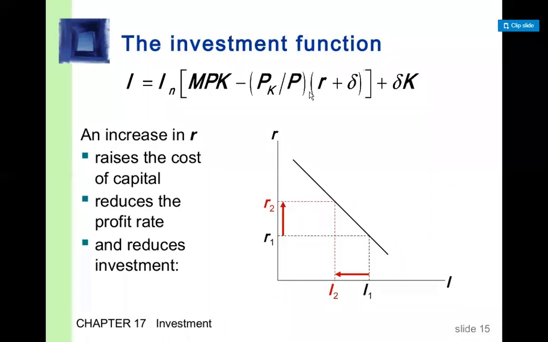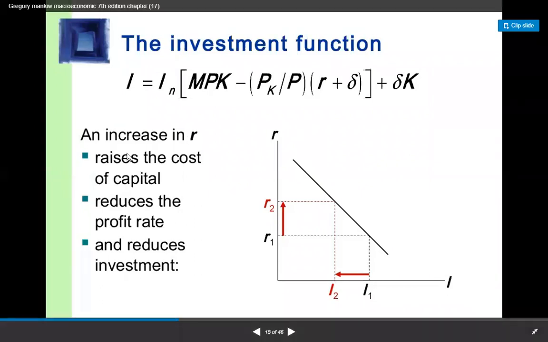How does the investment curve shift up or down? Again, why is the investment function negatively sloped, and how does it shift upward or downward? That is the question. The answer is here.